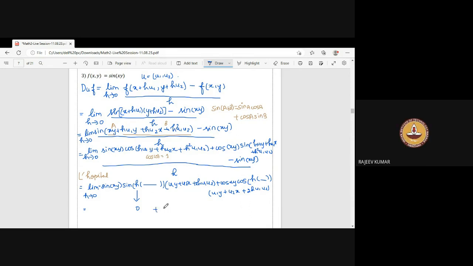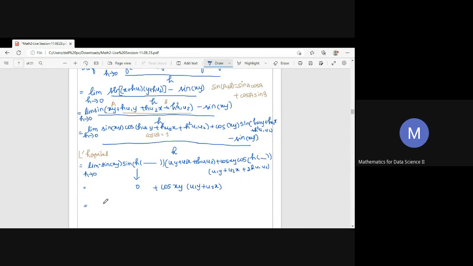So what is remaining then? Cos xy, and inside this term the h value becomes 0, times u1 y + u2 x. So when you split it and write it, you will actually get u1 y cos xy plus u2 x cos xy.